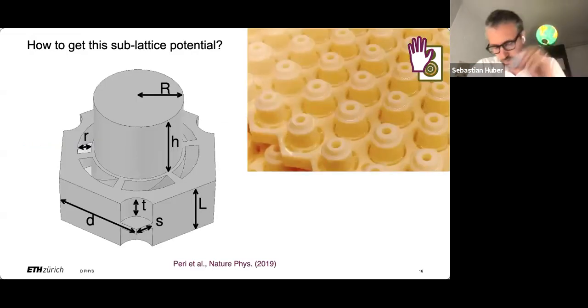The question is, how do we do that? You see now here a blow up of that sample. So everywhere there is air, the acoustic waves travel. We have this hexagonal structure that gives us the hexagonal lattice, and then these strange ventilator holes give us this chiral coupling that we indicated as before.